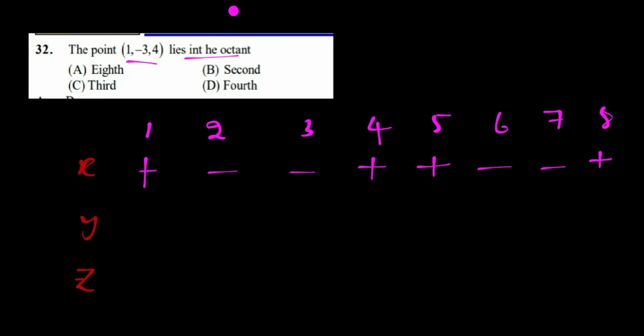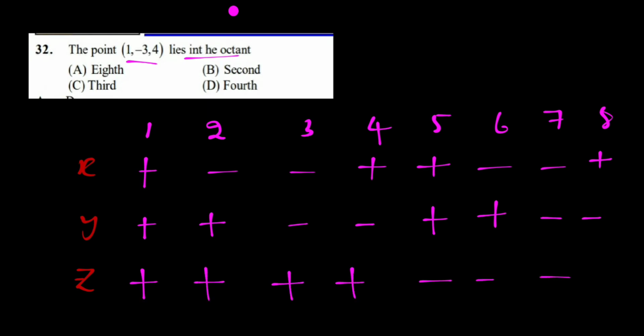Next, the y-axis signs are plus, plus, minus, minus, plus, plus, minus, minus. Next, the z-axis signs are plus, plus, plus, plus, minus, minus, minus, minus. Now you observe the question: plus, minus, plus, which is the fourth octant. So option D is the correct answer.